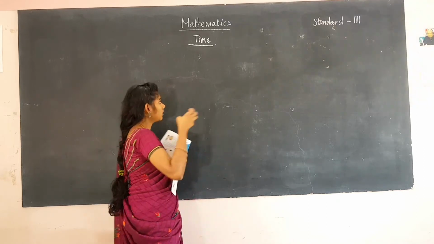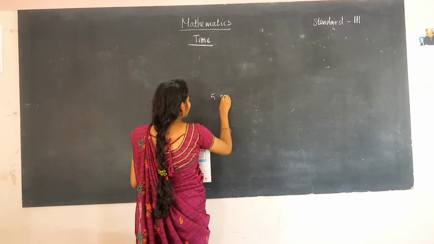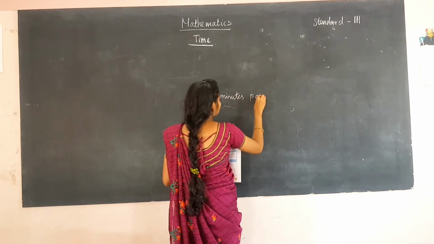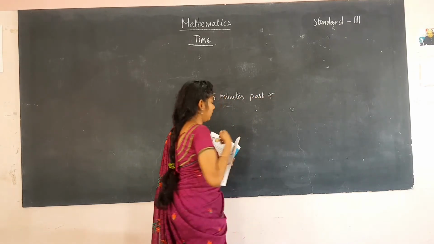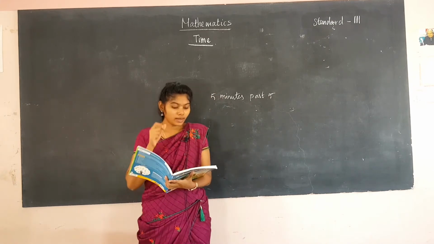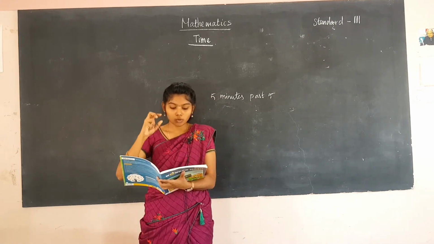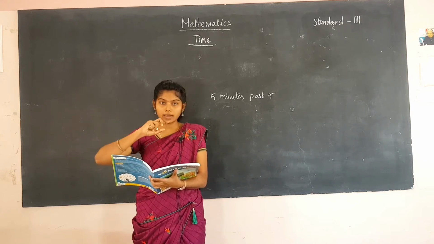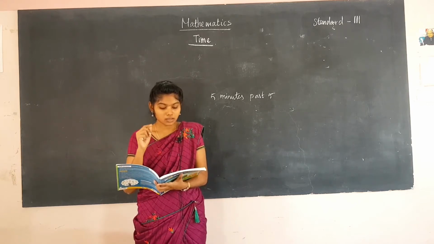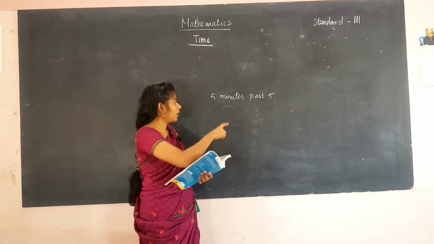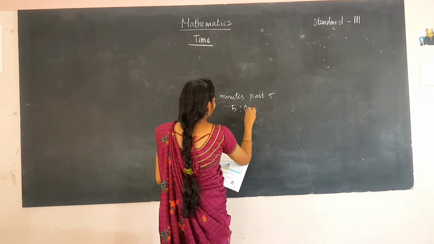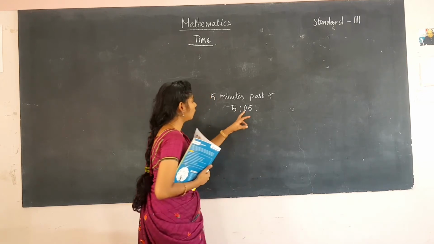So how will you write that? 5 minutes past 5. The minute hand takes 5 minutes to move from one number to the next. It is 5 minutes past 5. So how will you write this? 5 colon 05.